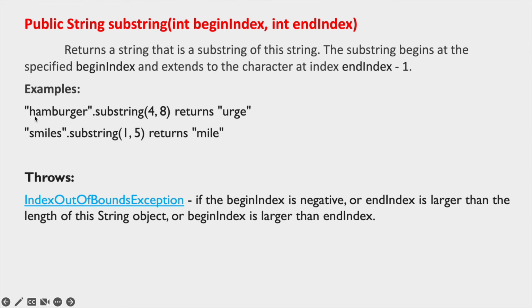If you see 0 1 2 3 4, 4 is the u, 5 6 7 is e, so from 4 to 7 it returns u, r, g, e. In the same way, smiles dot substring of 1 to 5 gives from m to e. This substring method also may throw an index out of bounds exception if the begin index is negative or the end index is larger than the given string.